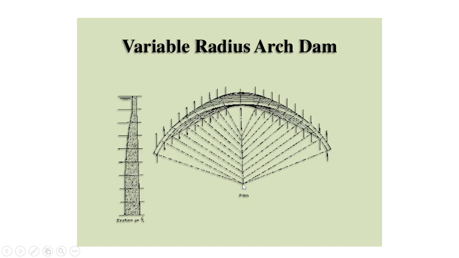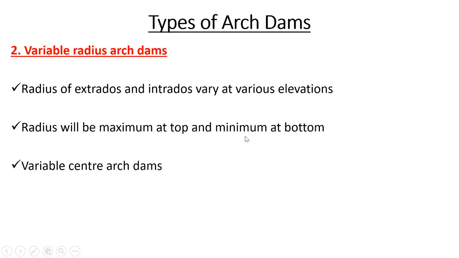This is the arch center, then the arch center is varying. Here also the arch center is varying. Since the arch center is varying, this variable radius arch dam is also called a variable center arch dam. So this is the second type of arch dam.